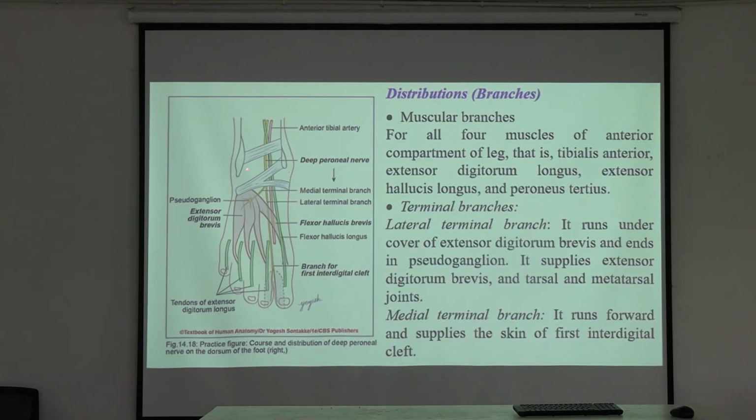Now we can see another muscle in a deeper plane, which is a local muscle, which is called the extensor digitorum brevis.